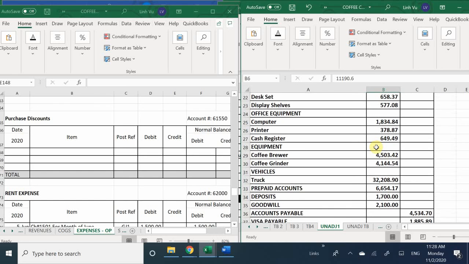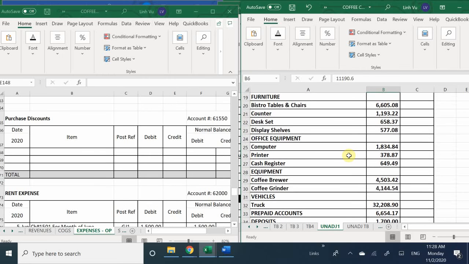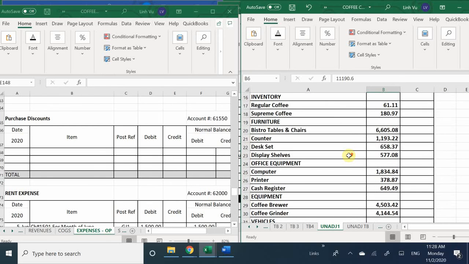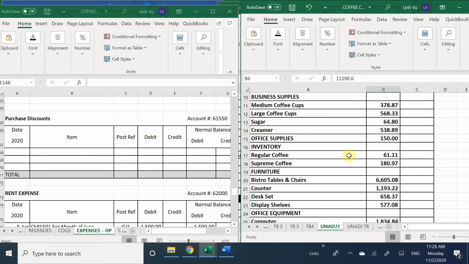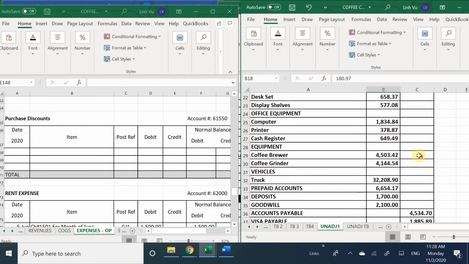Prepaid accounts should be the same. Equipment change handled by the sales.